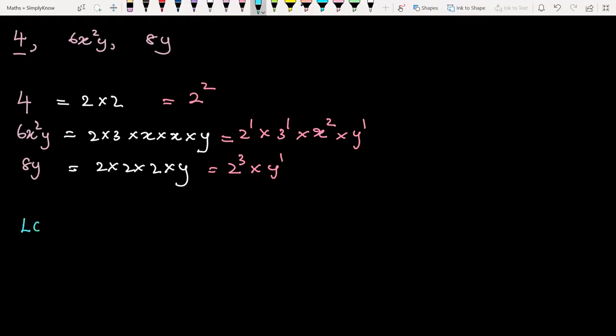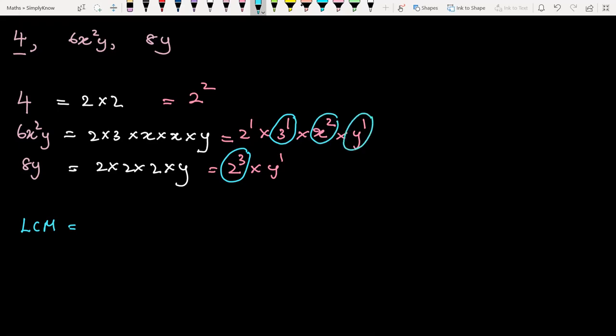Now what is our LCM? We need to find the greatest power of each factor. Greatest power of 2 is 2 to the power 3. Greatest power of 3 is 3 to the power 1. And greatest power of x is x to the power 2. And greatest power of y should be y to the power 1.